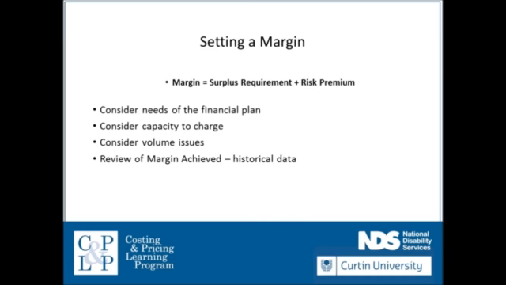Setting a margin then requires a few elements. Certainly, one of the things that you would do is look at the financial needs of your organisation going forward. And one of the things that DSOs, disability service organisations, have traditionally been very good at is looking at their budgets from year to year. However, there is an increasing need under the new financial arrangements for you to consider developing a financial plan that might extend beyond 18 months, 2 years, to 3 to 5 years down the track.